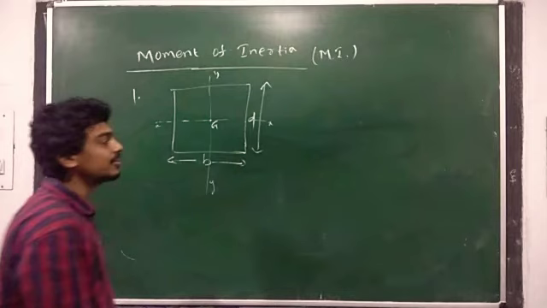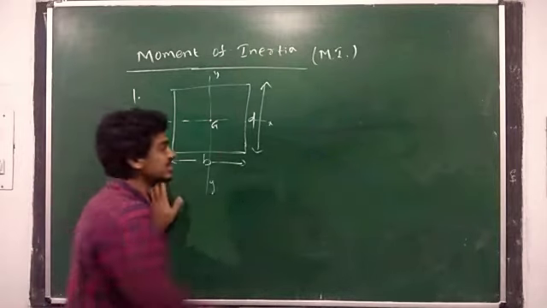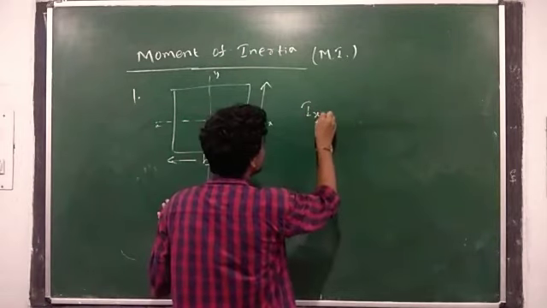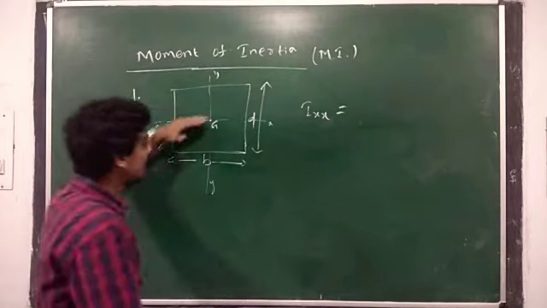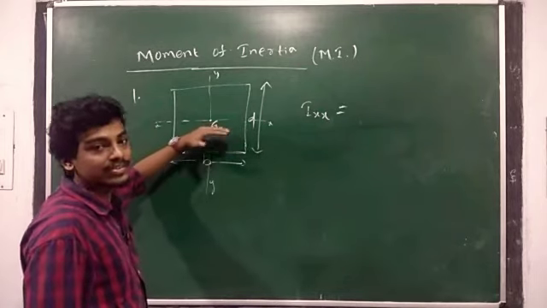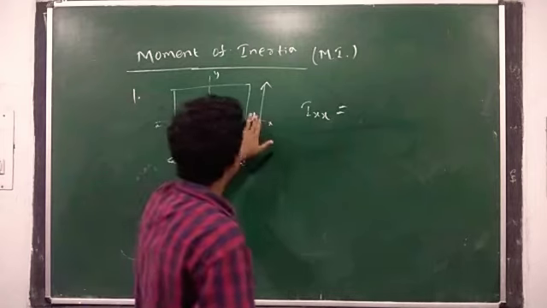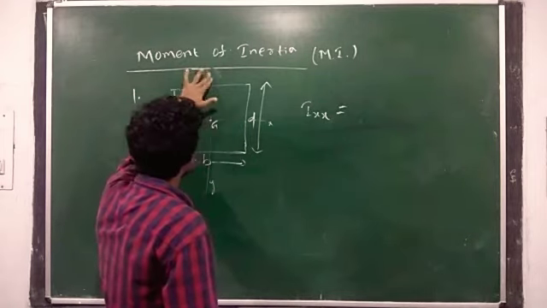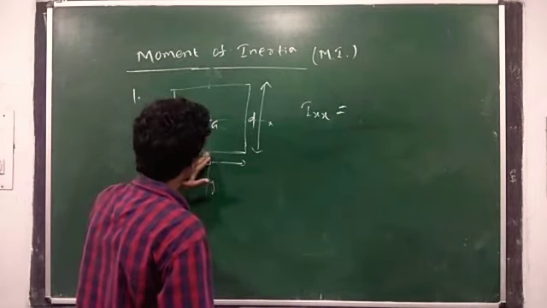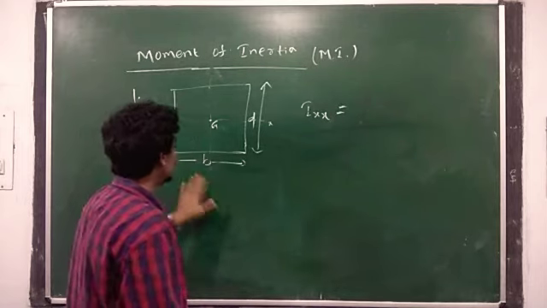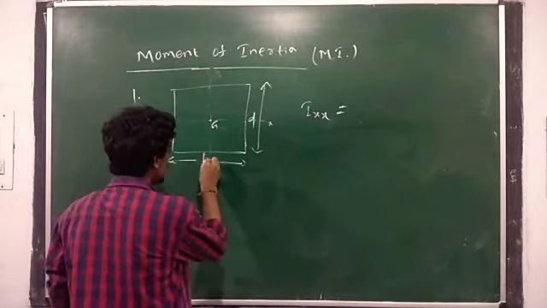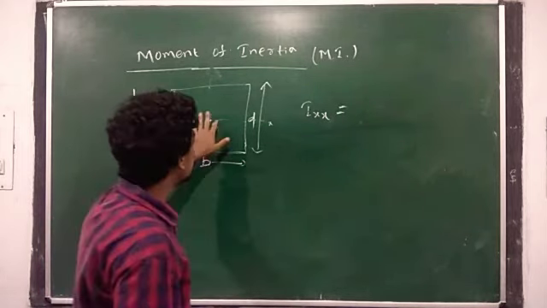So if someone tells you to calculate the moment of inertia for this section, suppose Ixx means this is along the x direction, along the base. I am not denoting the axis every time because it will be more clumsy. So no need to mention everywhere. So this is the center of gravity value.